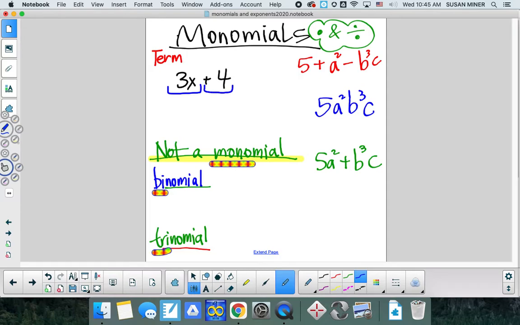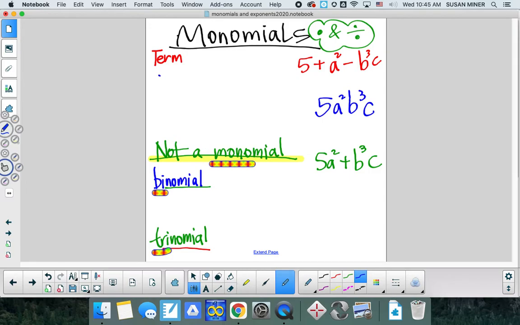Anytime I got a sign, that was an indicator that I was moving on to a new term in my expression. Well, once we start dealing with exponents, a monomial is one term.